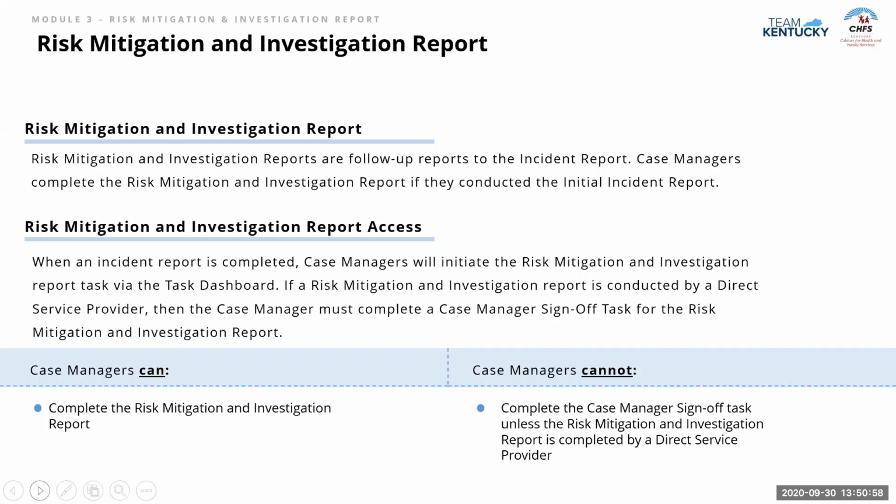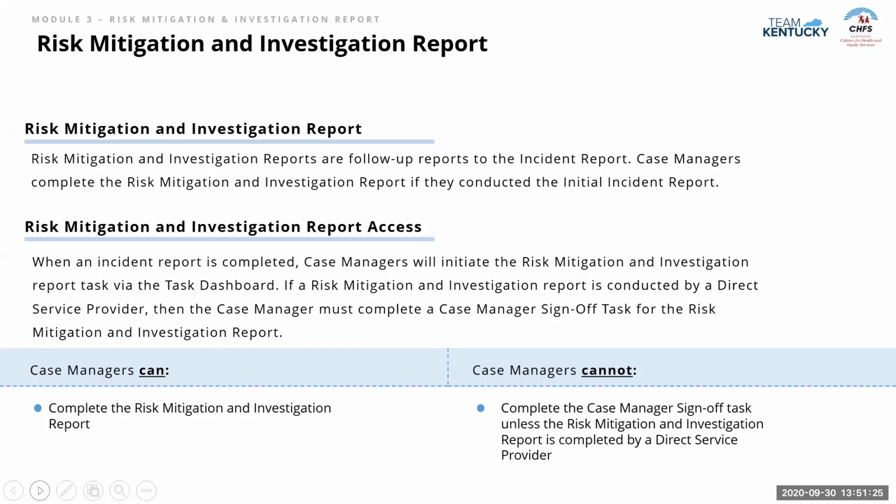Now, let's say, for instance, that a risk mitigation and investigation report is conducted by a direct service provider supervisor. Then you will receive a task for sign-off on that risk mitigation and investigation report. So, two different routes there you can take. If you complete the initial incident report, you're completing the risk mitigation investigation report. If someone else, such as a direct service provider supervisor, completes it, then you're going to receive a case manager sign-off task.